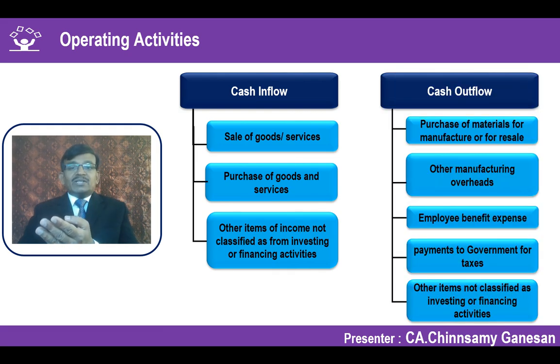Similarly, purchase of material, overheads, employee benefit expenses, taxes paid, and other items of expenditure not classified as investing or financing activities. These are the items which will normally form part of the operating activities.